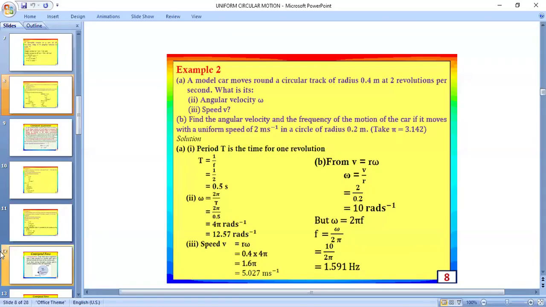So we have 10 divided by 2 pi, which gives us 1.592 hertz. 1.592 hertz is the frequency of that revolution. So these are some of the questions that come from angular displacement and angular velocity.